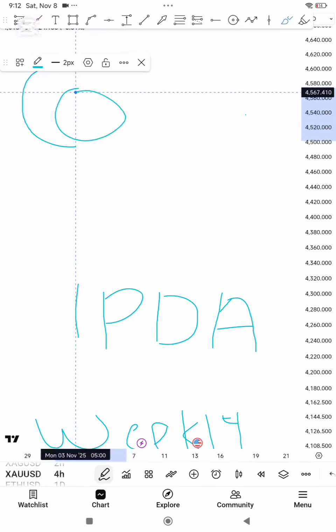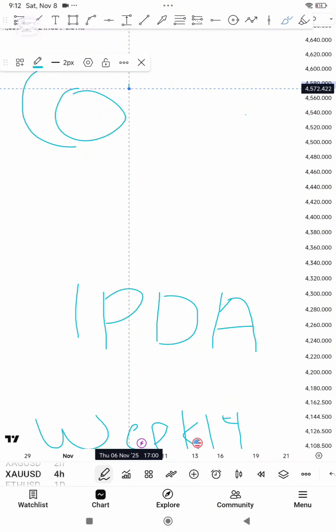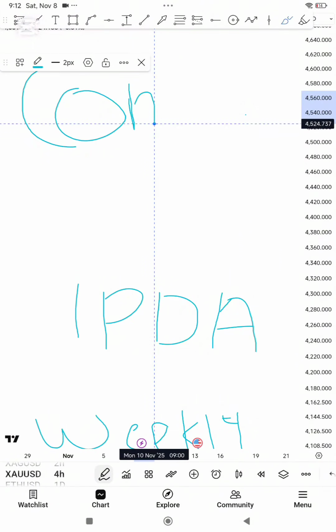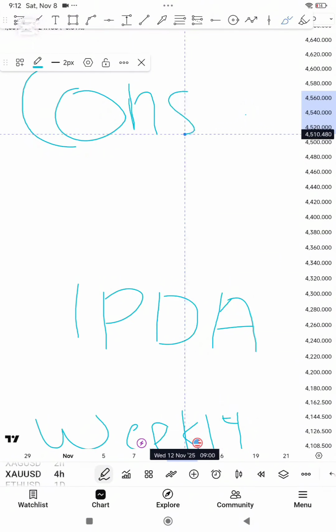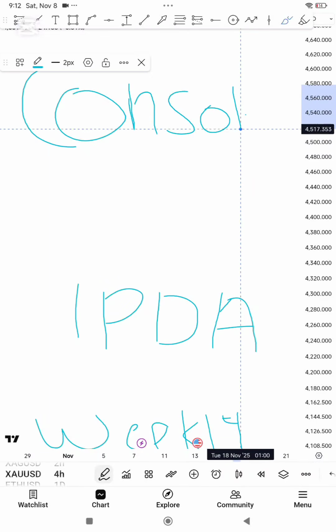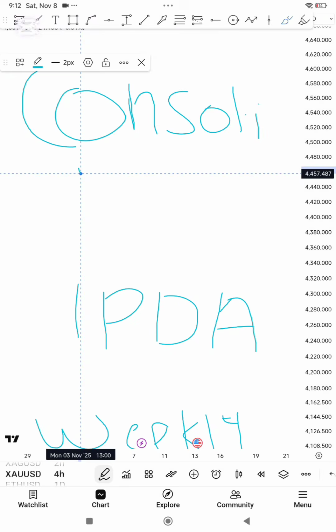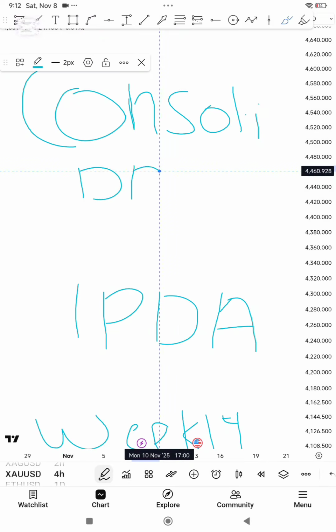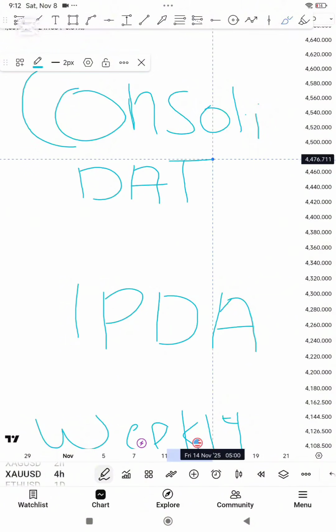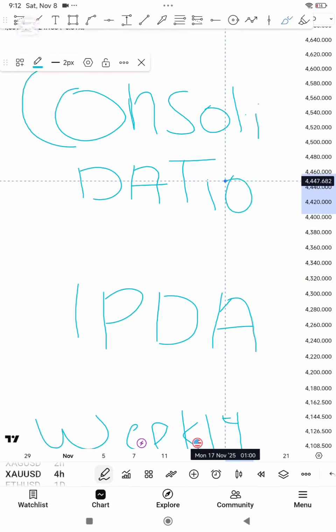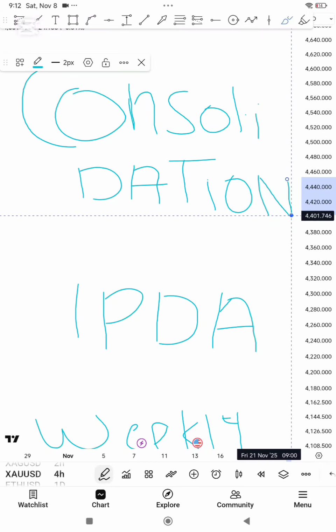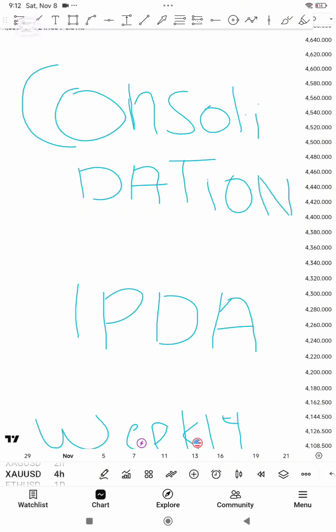Consolidation. So this is the first page.